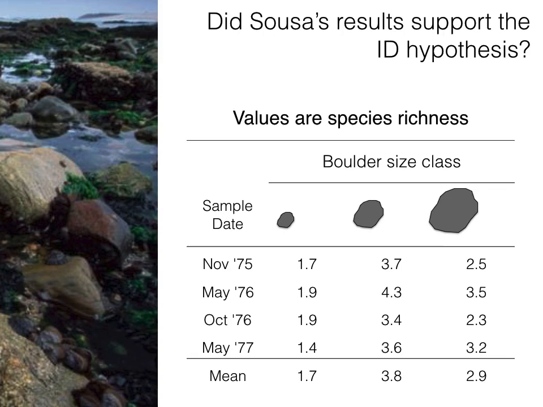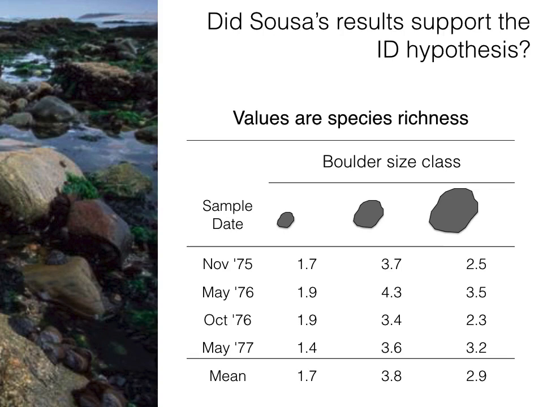Well, I think what you can see is that across the different boulder size classes, if you look at the different sampling dates, they're relatively consistent across dates. And when you look at the grand means for each of the boulder size classes, you certainly see that the intermediate boulder size classes tended to have, on average, the highest species richness. That is, species richness of algal species that occurred on these rocks.